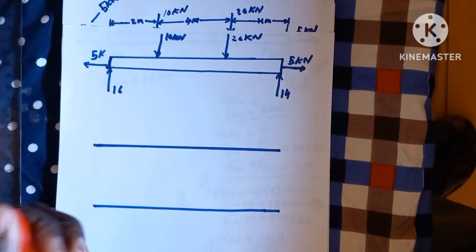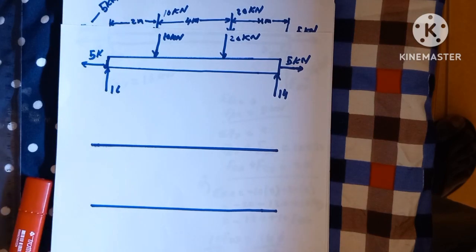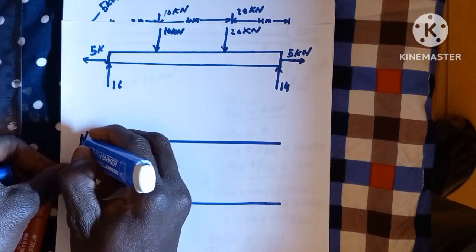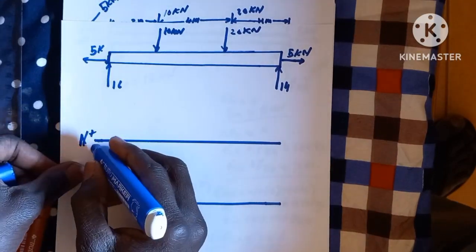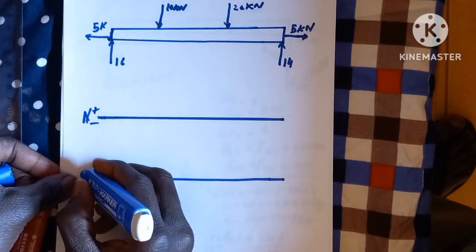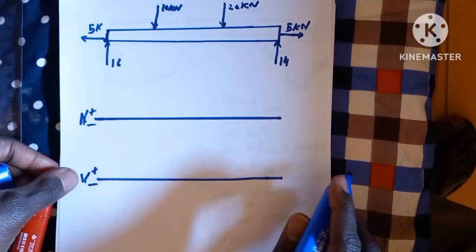After drawing your x coordinate, you should also name them. This is our normal force, the N diagram. This is our V diagram, which is our shear force.